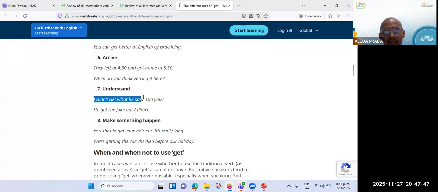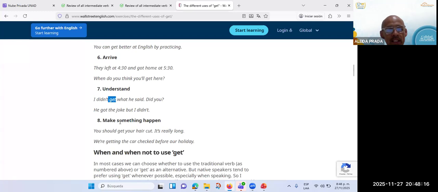I didn't get what he said. It means I didn't understand what he said. Or on the contrary, when you understood something, you say, I get it. Or I got it in past, no? I get it or I got it. Lo entiendo o lo entendí. It means I understood or I didn't understand.